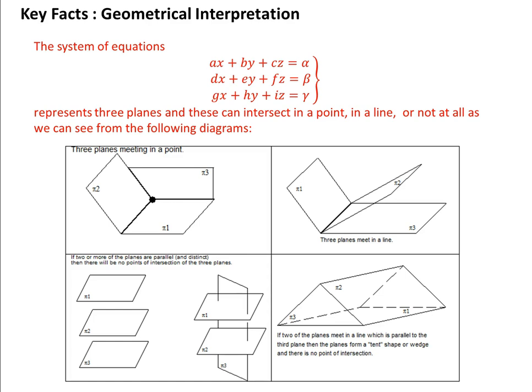And when we think about the intersection of three planes, it can be in a single point, it can be in a line, and indeed they may not meet at all because the planes are parallel, or there's a possibility that the three planes may end up forming a tent shape or a wedge, and hence have no point or points where all three planes meet at the same time.